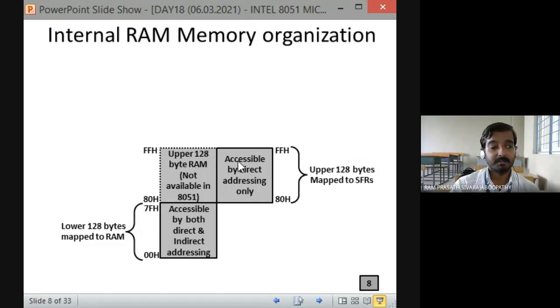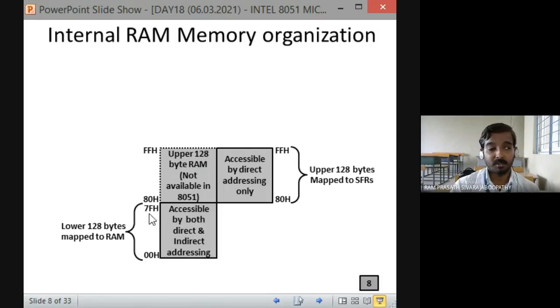SFRs use the direct addressing concept. When addressing the additional 128 bytes available in the higher version of the 51 family, that can be done by indirect addressing only, whereas the lower RAM can be addressed by both direct as well as indirect addressing.